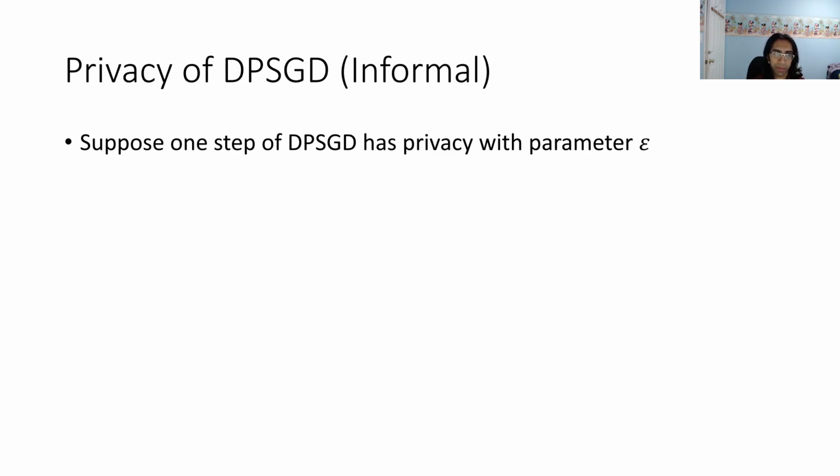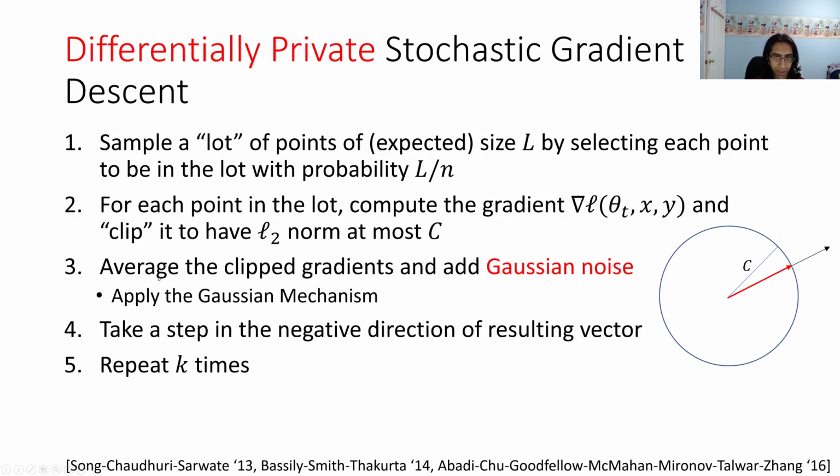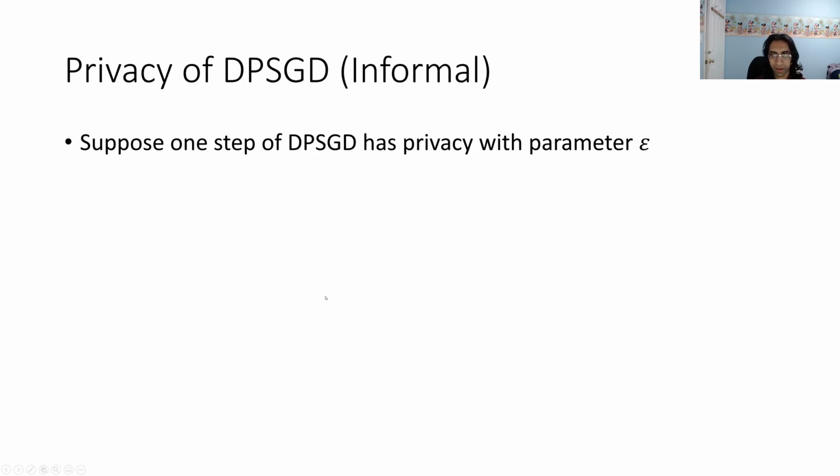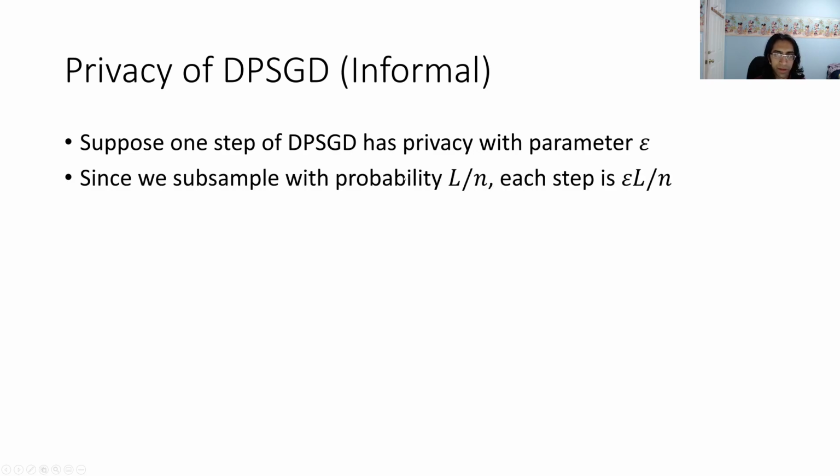But okay, suppose one application of the Gaussian mechanism has privacy with parameter epsilon. We basically set this step 3 such that this Gaussian noise addition would be epsilon-DP. We're going to ignore the deltas just for the sake of explanation. Well, the first thing you do is remember this first step where you subsampled points.